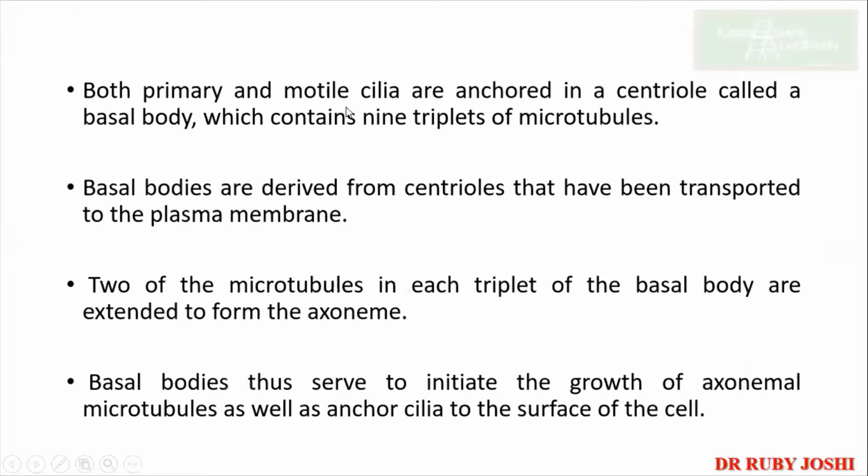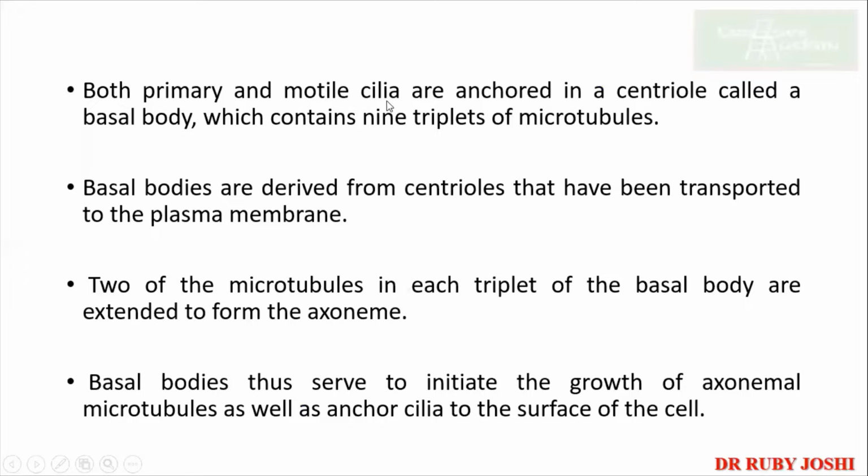So both primary and motile cilia are anchored in a centriole called a basal body, which contains 9 triplets of microtubules. Okay, so cilia and flagella are from the centrioles. Basal bodies are derived from the centrioles, which have been transported to the plasma membrane. So please remember, we are talking about the locomotory functions of the microtubules.